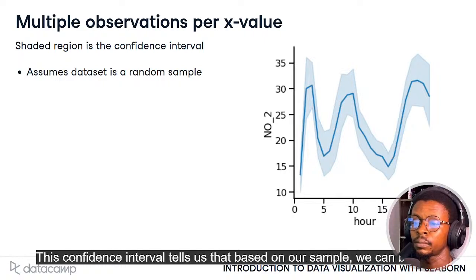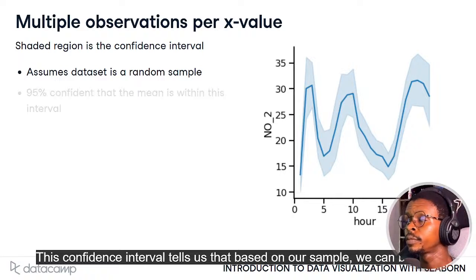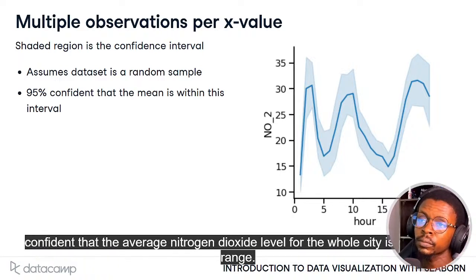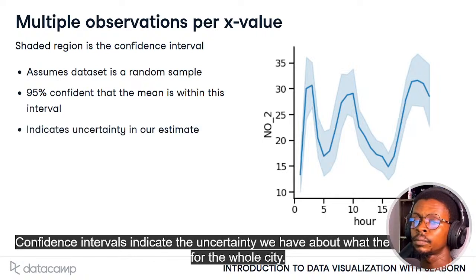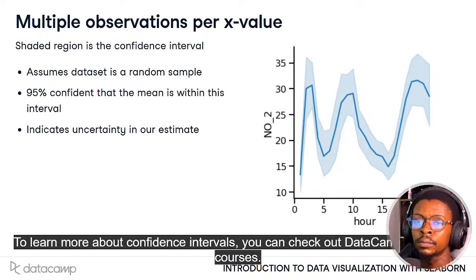This confidence interval tells us that based on our sample, we can be 95% confident that the average nitrogen dioxide level for the whole city is within this range. Confidence intervals indicate the uncertainty we have about what the true mean is for the whole city. To learn more about confidence intervals, you can check out DataCamp's statistics courses.